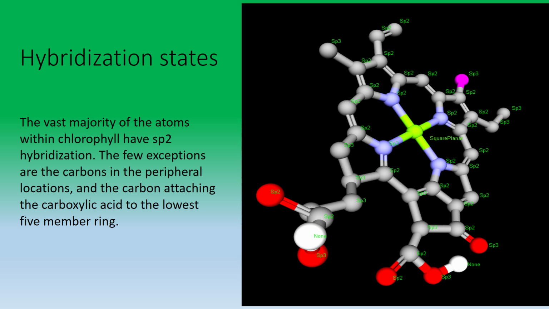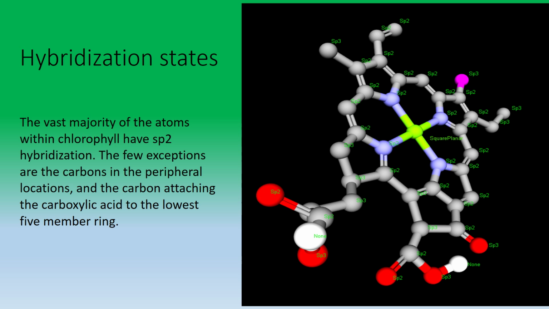It has no significance here. If you were to do this same procedure on the chain, however, you would get almost completely sp3 hybridization. The remainder of the molecule is nearly completely sp2.